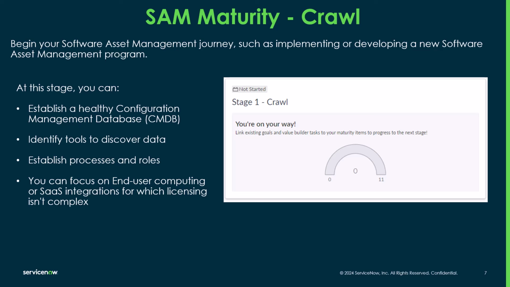This phase is really about getting your instance ready to start using SAM. But if you're a more mature customer, then a lot of these features within our maturity items might already be completed in your instance. It's still a really good idea to go through each one of them, make sure you haven't missed anything, and identify any potential gaps.